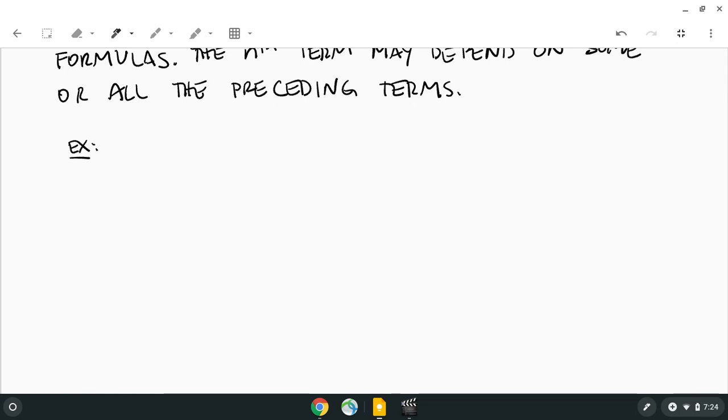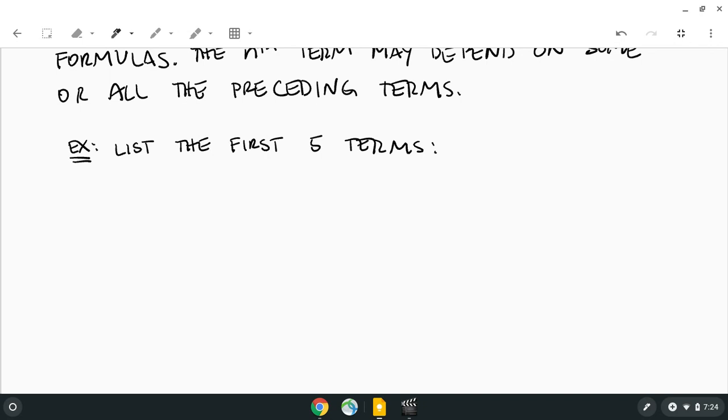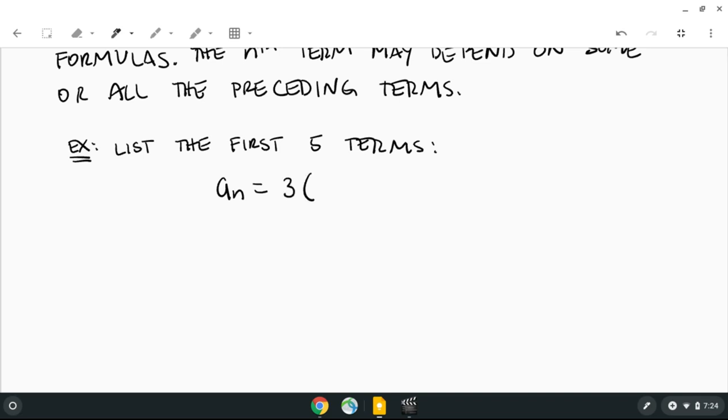So for a recursive formula, if they say, okay, list the first 5 terms, and suppose they give you this, and they tell you that your nth term, your function, is going to be this formula, 3 times a sub n minus 1 plus 2.